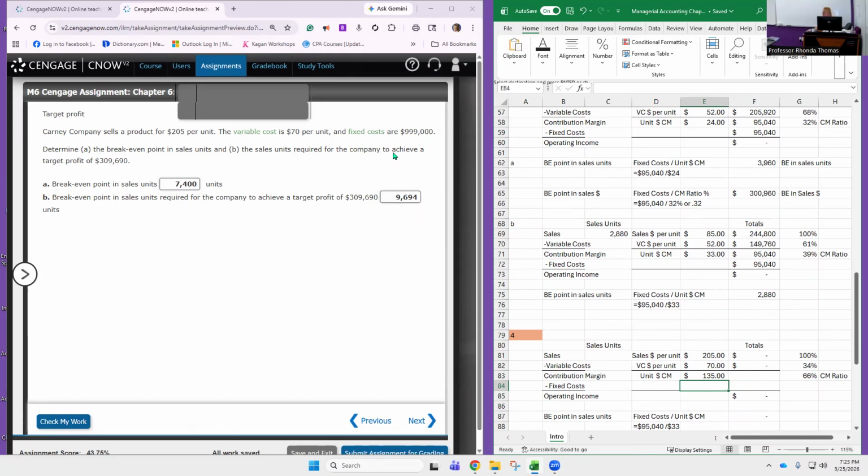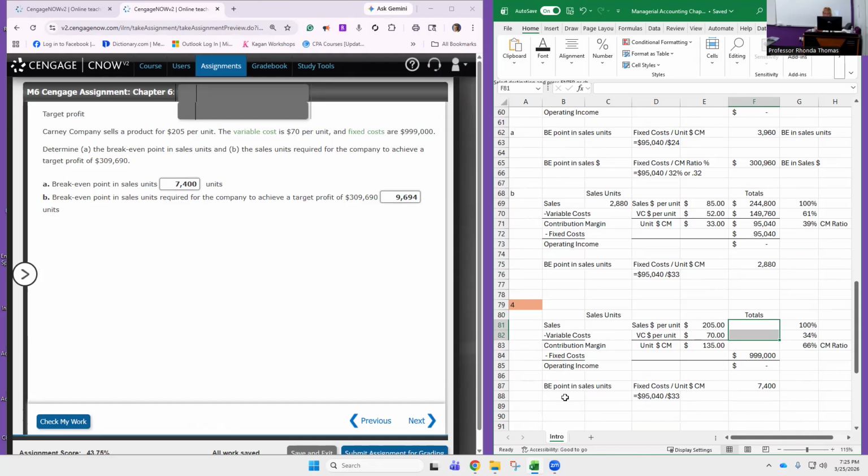Okay, our fixed costs are over here, 999,000. Yep, that is going to go there. I'm not putting that in yet. Okay, so now let's walk this through. Break even point in sales units. So that is not what we want, or at least not yet.